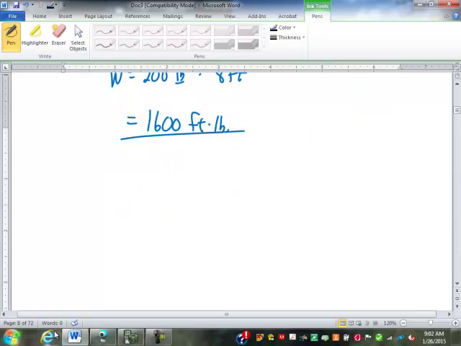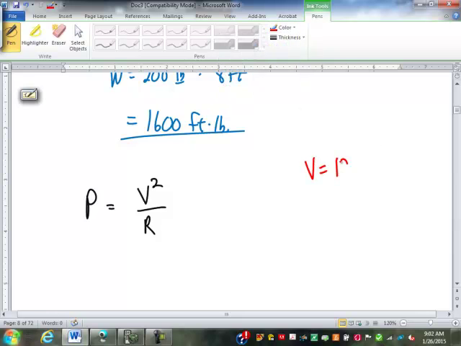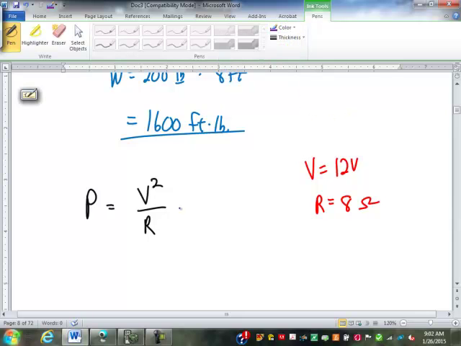But you might run into, like an electronics formula, power is equal to voltage squared divided by resistance. And if you're told that it is a 12-volt system and your resistance is, let's go with 8 ohms. Let's find what that power is.